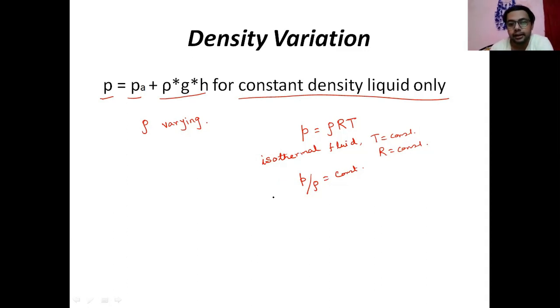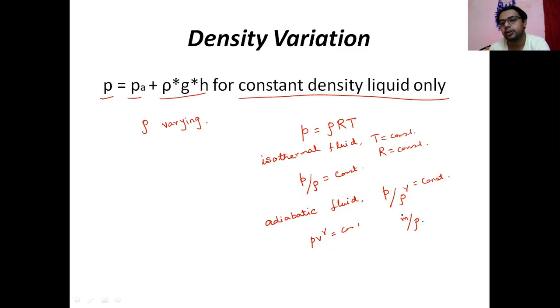Another thing is the adiabatic fluid. In case of the adiabatic fluid, the P and rho relation is in this way. From thermodynamics, you can see we are writing it P V to the power gamma is equal to constant. The same way, V you can change to M by rho.